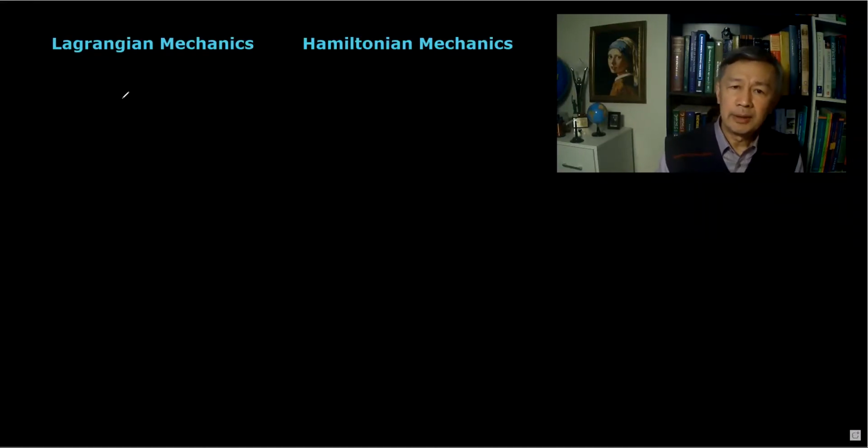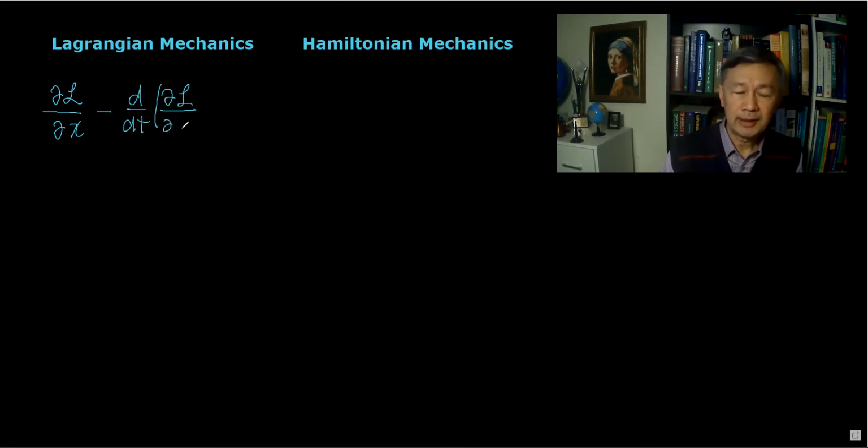Okay, so in Lagrangian mechanics, the basic equation of motion can be simply written like this: partial L over partial x minus d/dt of partial L with respect to x dot, which is actually the velocity, equals 0.